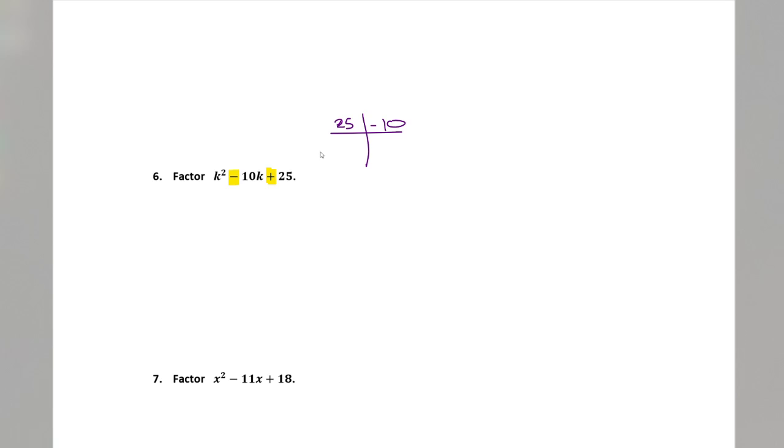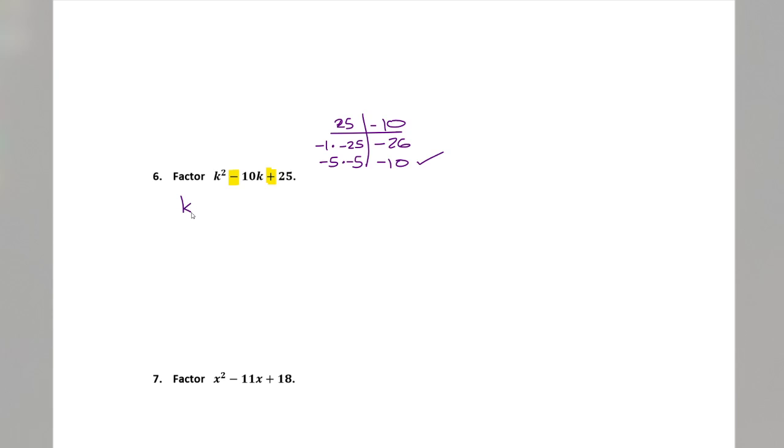So both of our factors are going to be negative because we have a positive third term. Negative times a negative is going to be a positive, so we'll have negative 1 times negative 25. If we add those together, we get negative 26, not that one. We also have negative 5 times negative 5. Negative 5 plus negative 5 is going to be negative 10. So we got our answer for our factors.